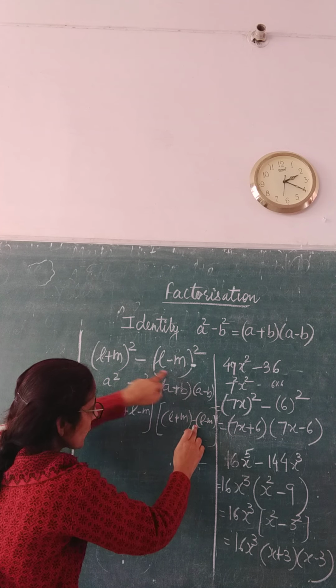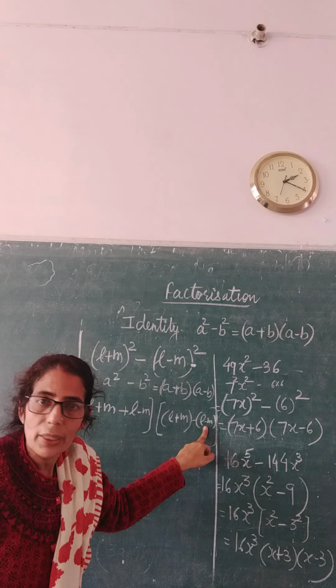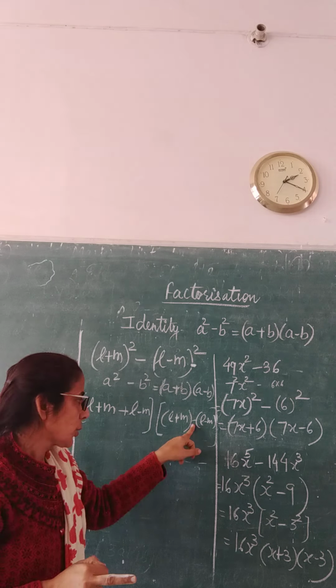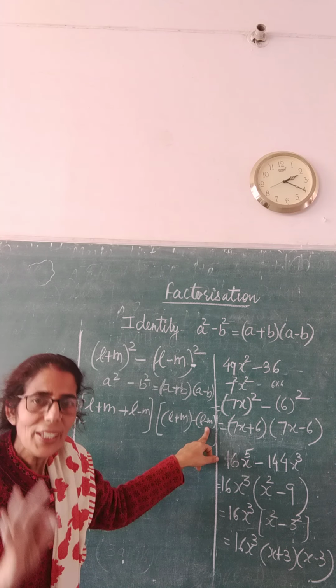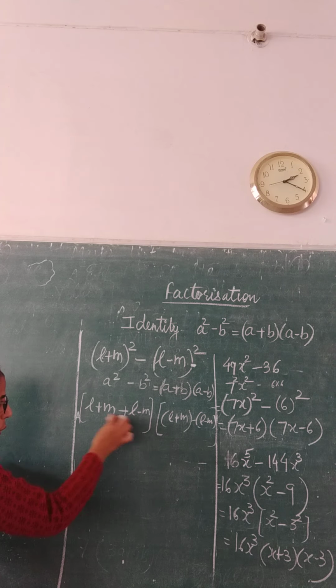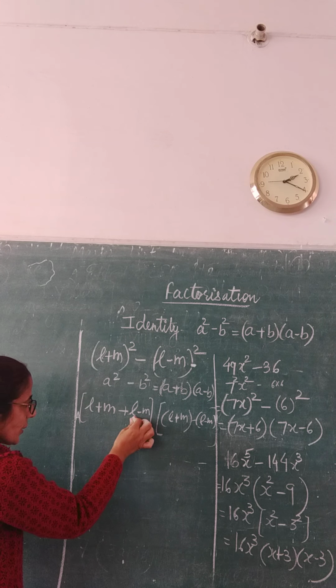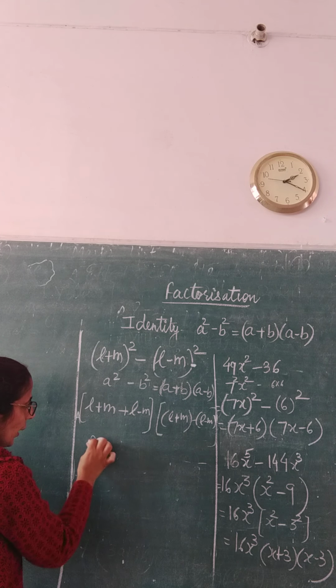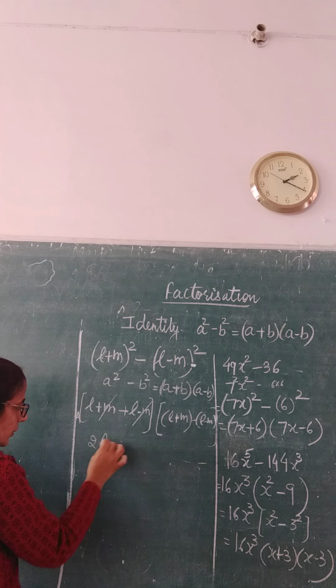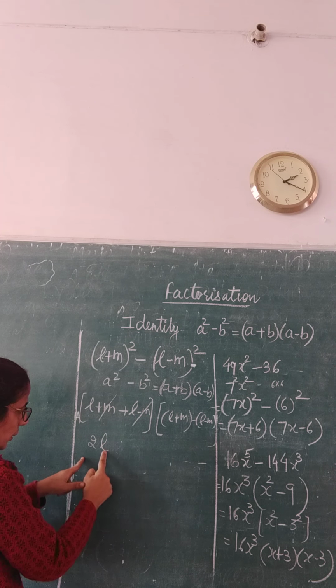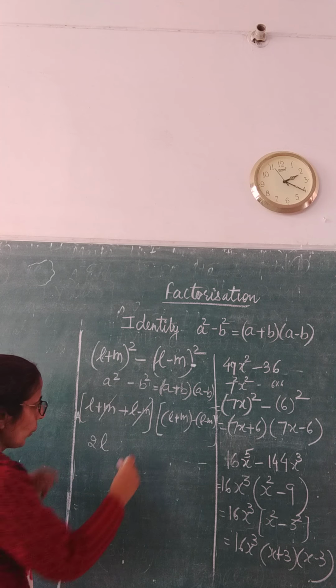Because there is a minus sign and it is not a monomial. This is not a single term. So I have to apply the bracket so that all the signs are changed. We will have to solve it. This is L, this is L. L plus L is 2L. This is M minus M. They will be cancelled. So in this bracket, it has come out as 2L.